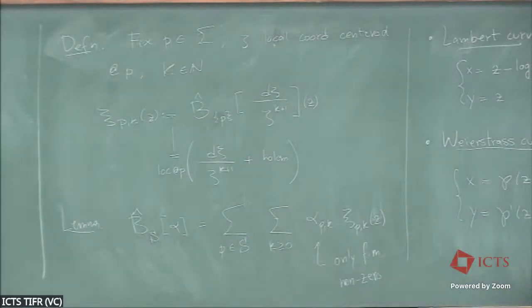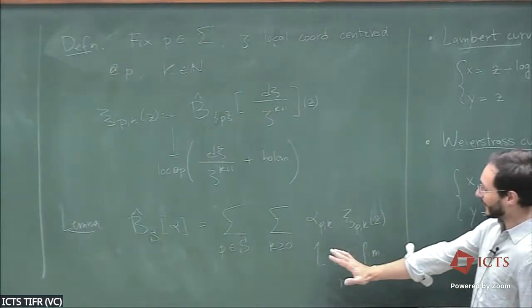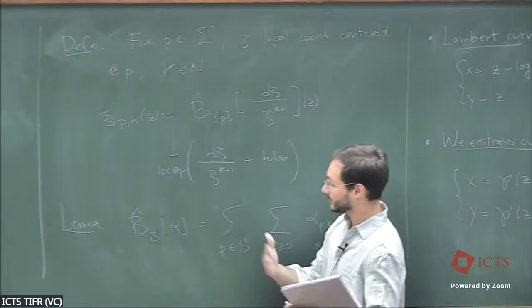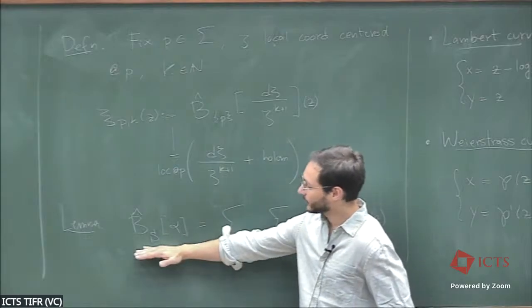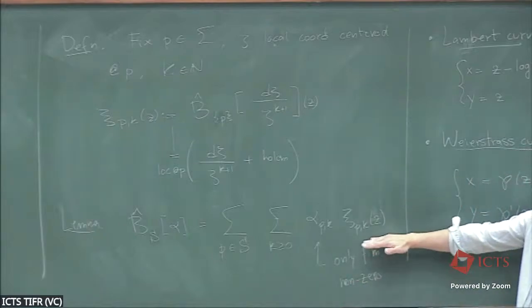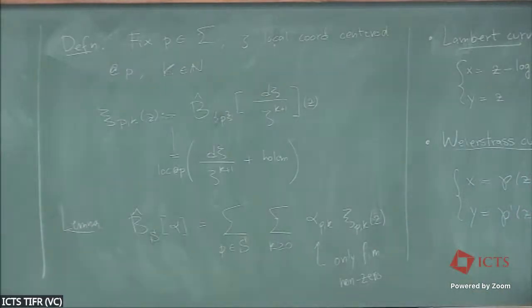At the moment this might be a bit obscure, but you can see how powerful this is. I'm taking a meromorphic one form, which can be whatever, but as soon as I take its projection, I can express it as a finite linear combination of some very natural one forms, these psi_{P,k}.